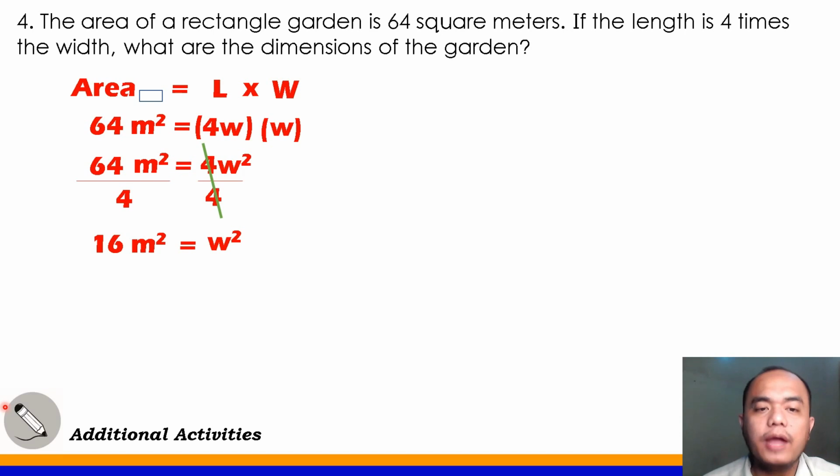Okay? Now, anong gagawin natin para ma-eliminate natin yung square dito? Kasi dapat ang matira class, W na lang. Okay? Hindi pa ito ang final answer kasi ang natira dito sa kabilang side is W squared. So, dapat yung 2 dito mawala. Okay? Paano natin makakancel yung 2 dito?